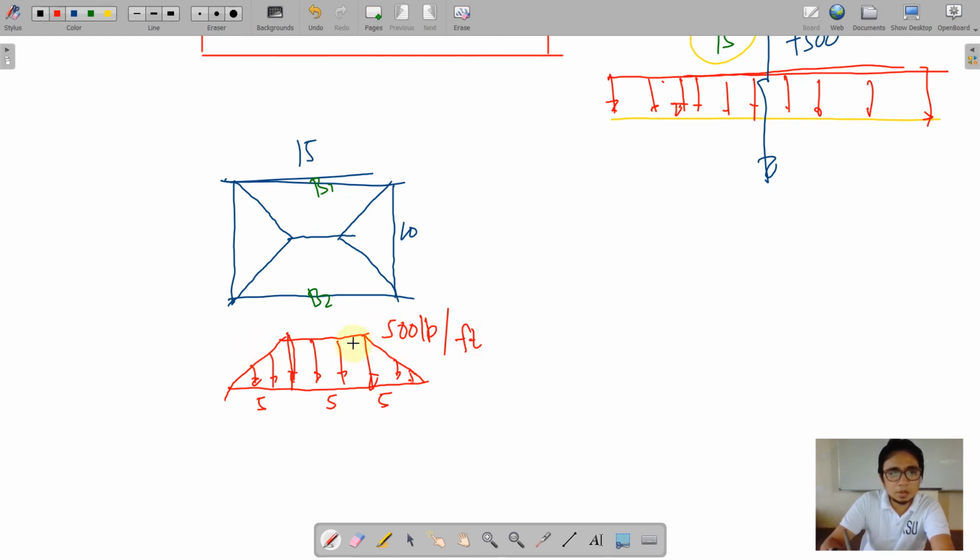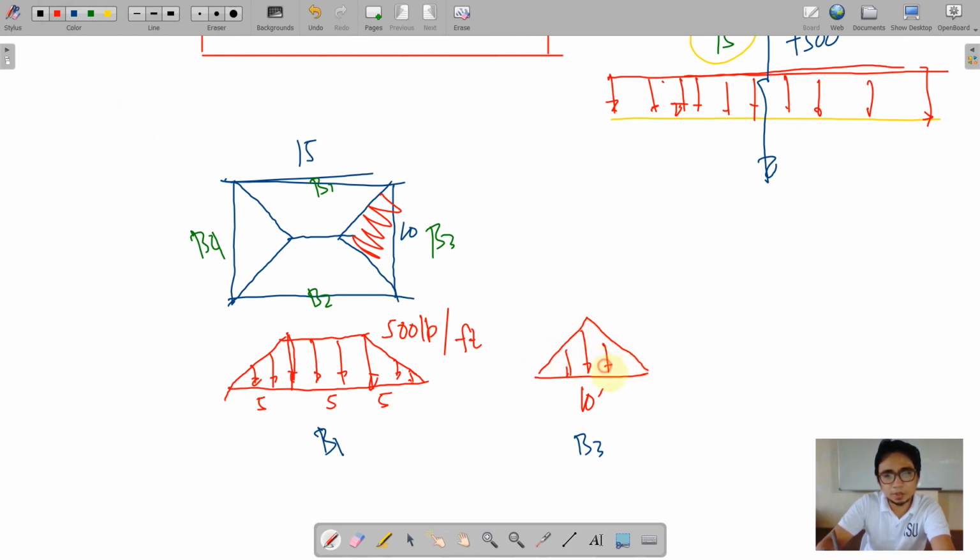Okay, so therefore on this side also, if we have to consider that 10 feet on this side, say this is B1, I'll just label this to be B3 and that is B4. So if this is B3, our concern is just the peak value. Just have the peak value at the center.